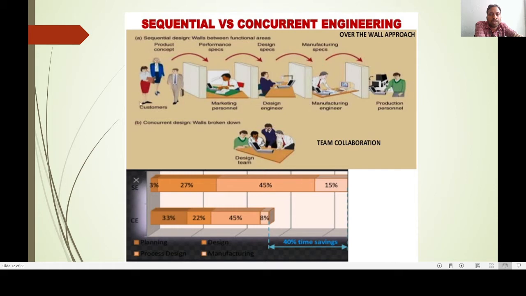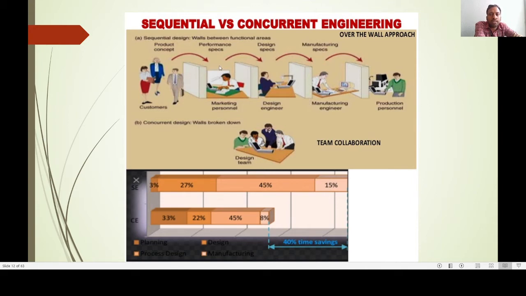The customer is separate, marketing personnel are separate, the design engineer is separate, and the manufacturing engineer and production personnel are separate. In concurrent engineering, all the team members are combined to find the solution for a particular problem.